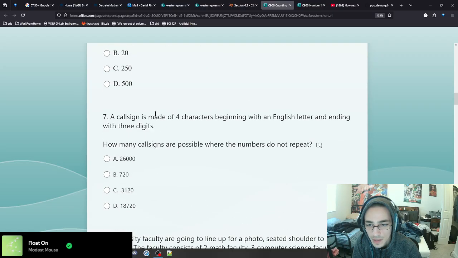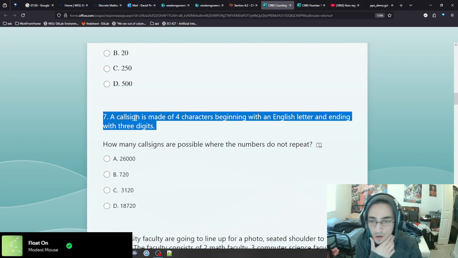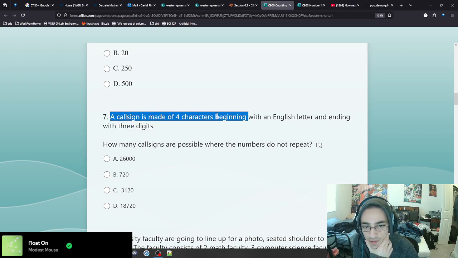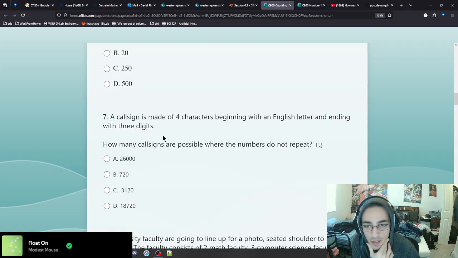So, okay. A call sign is made of 4 characters, beginning with an English letter, and ending with 3 digits. Okay. I have a plan for this question.